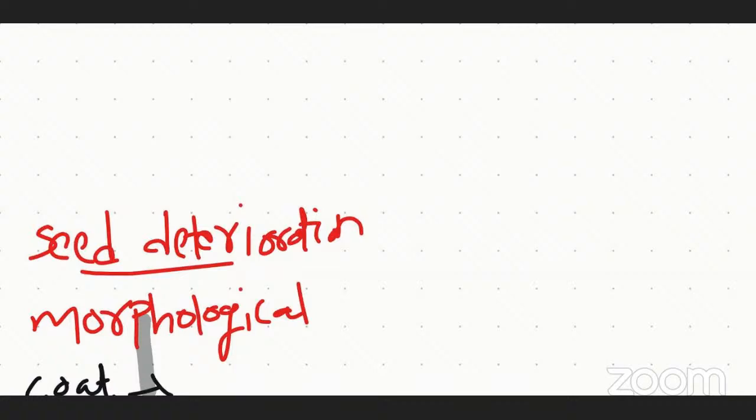So let's see how the enzyme is lost and how the respiration is reduced. For example, there is one test, the tetrazolium test, the most sensitive test for measuring early seed deterioration.